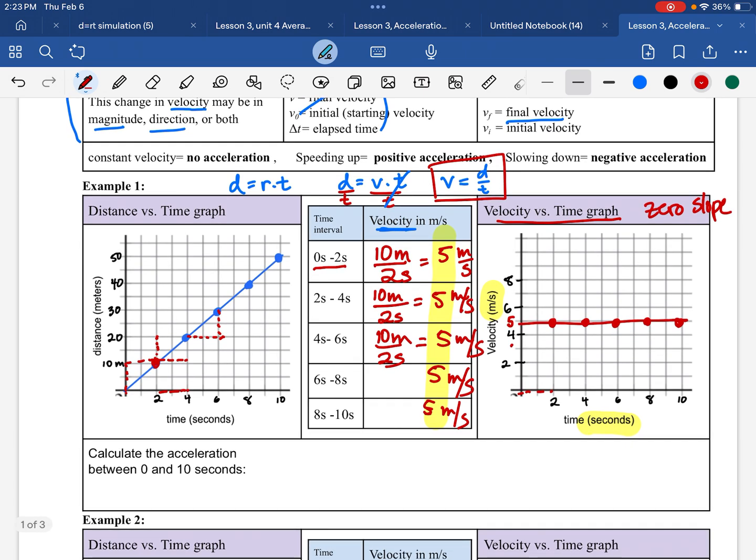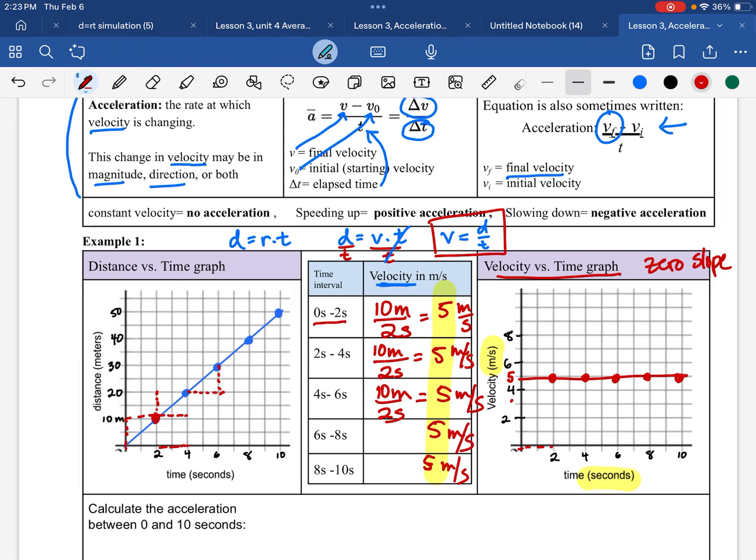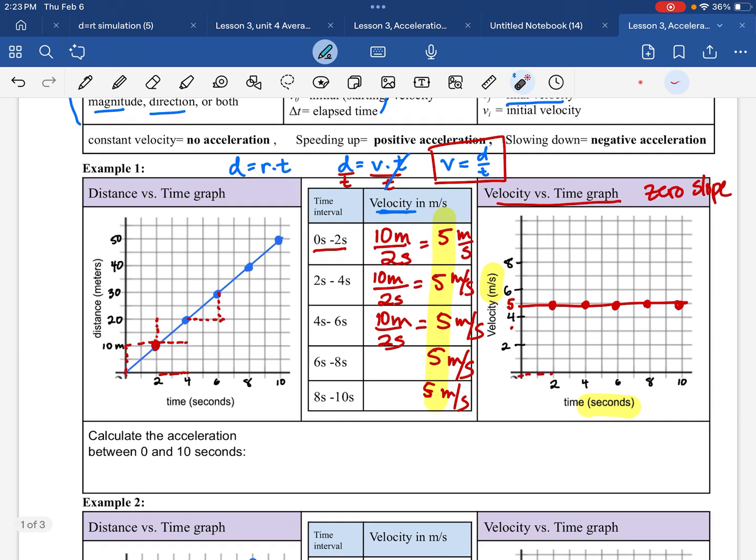Now let's calculate what the acceleration was. So we're going to use our acceleration formula from up here. Acceleration equals the final velocity minus the initial or starting velocity over the amount of time that's elapsed.